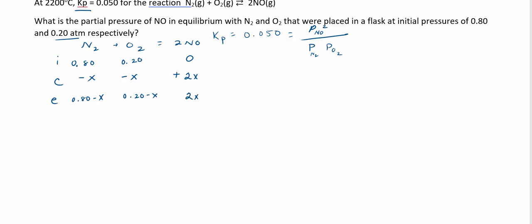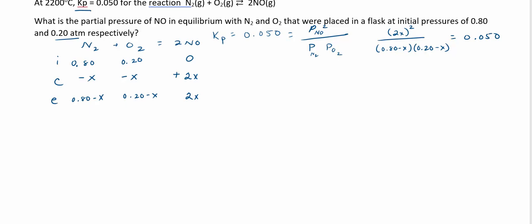So now I'm going to put all of this into my Kp expression up here. So this will end up being 2x squared over 0.80 minus x times 0.20 minus x. Now remember that equals a value, and that value is 0.050. So where do we go from here?